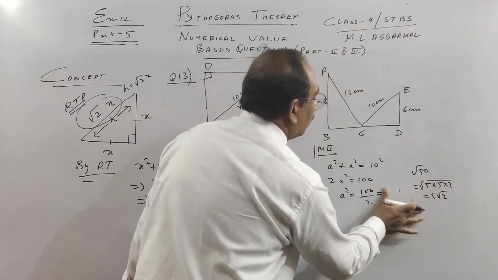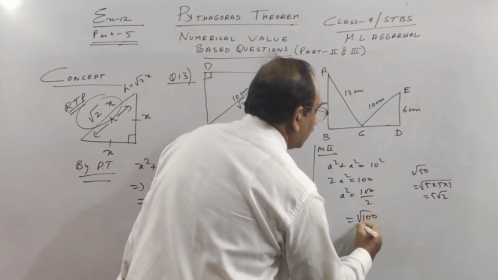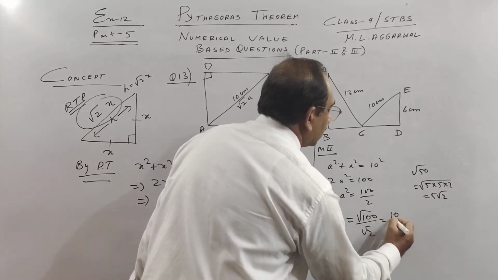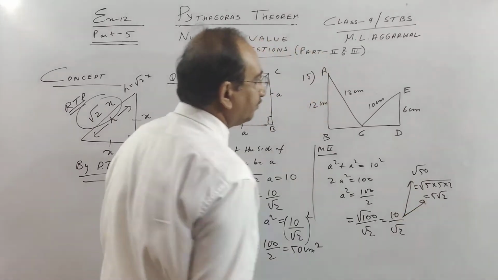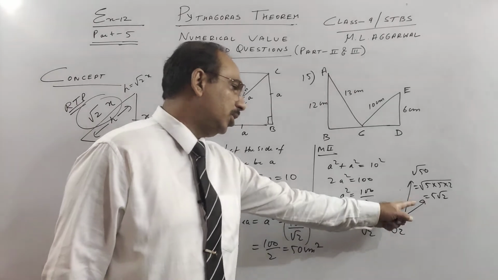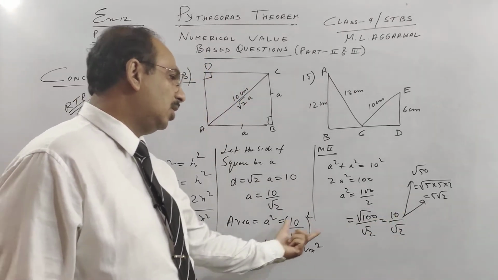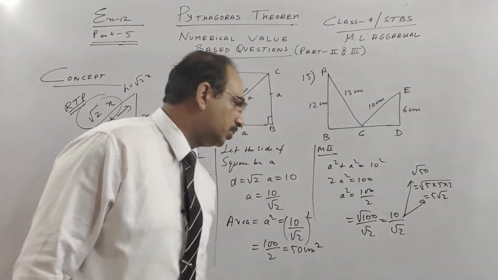Or otherwise root over 100 is 10 by root 2. So you get the same thing, children, and these are actually equal if you see. 5 root 2 also, if you apply, you will get the same answer.